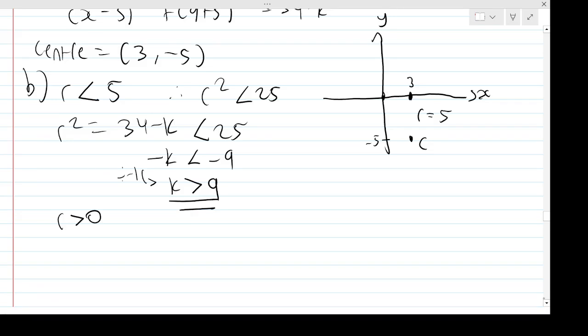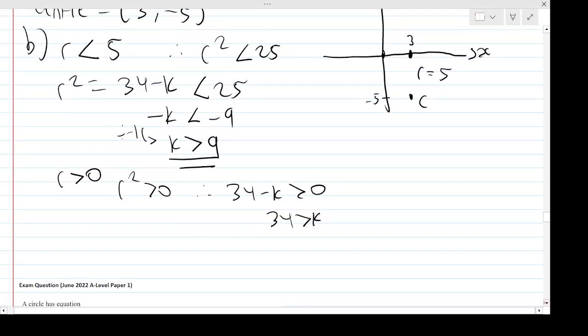So if r is 0, then obviously r squared is above 0 as well. And so therefore, if r squared is 34 minus k, that has to be above 0. So then I have minus k. Well, no, 34 would be greater than k. But I don't like it in this order, personally, because then I can flip it to then say k is less than 34, which makes more sense. I like it on the left of the inequality.